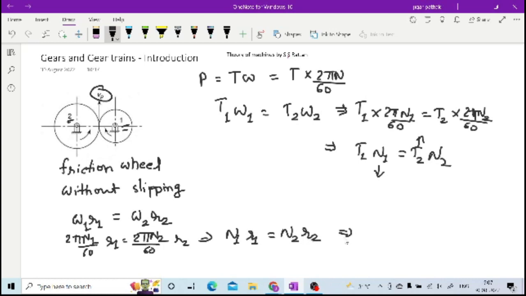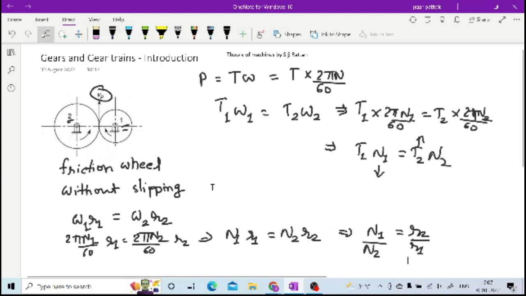Further simplifying, N1 by N2 is equal to r2 by r1. This is how you get speed reduction and increase in torque when you use gears.